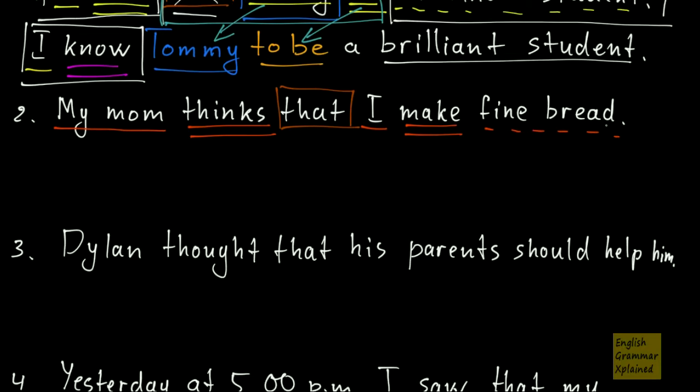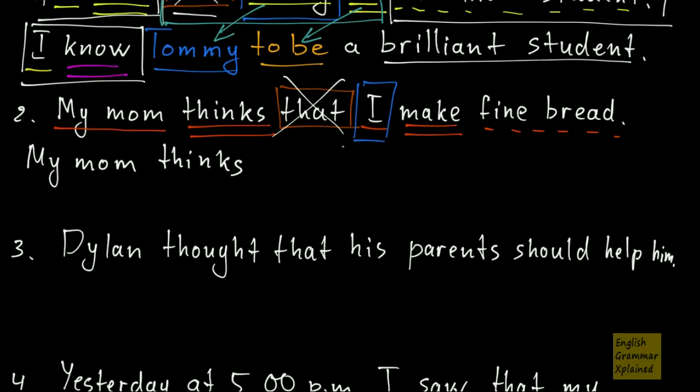This thing forms a so-called predicate. So the first part remains intact as well. My mom thinks. Then that drops out. We don't need it. Then my first object is here.